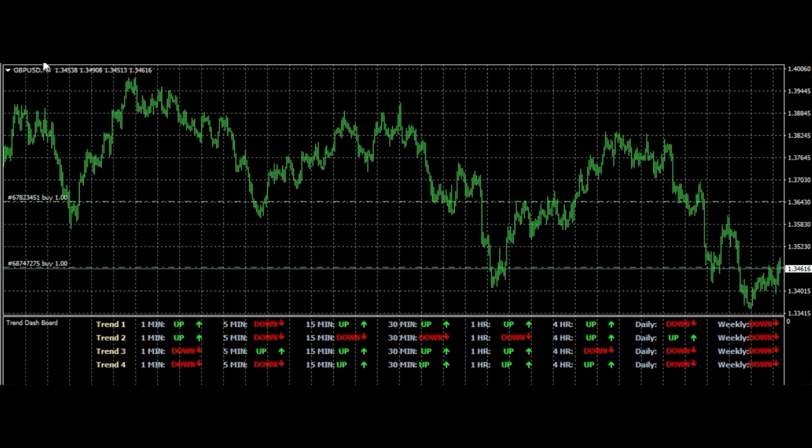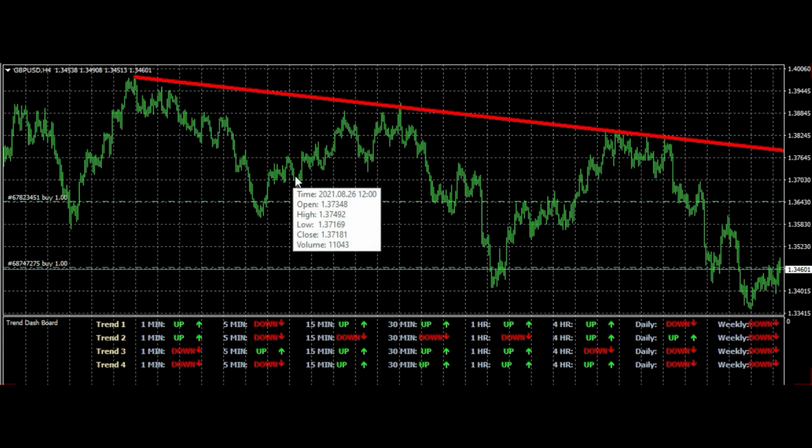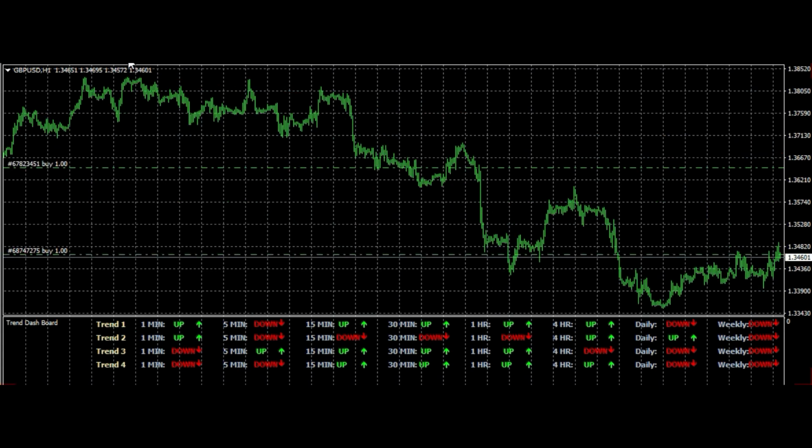Maybe the 4 hour chart is better, like this, but let me stay on the 1 hour chart. If I draw a trend line on the 1 hour chart, you will see that right now we're below the 1.348 price level, and this is the last 24 hours highest level.